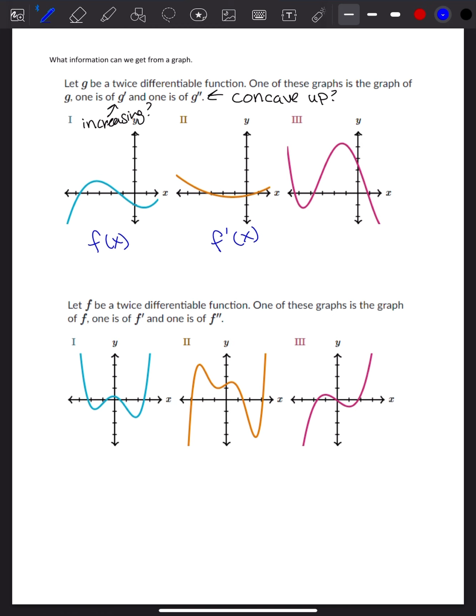Now, when we bring in this third graph, this means either the first one is f and the second one's f prime, or the first one is actually f prime and the second one is f double prime. So we need to look at what's going on. If we look at this graph here, we are decreasing first.